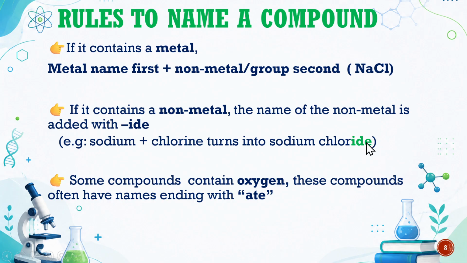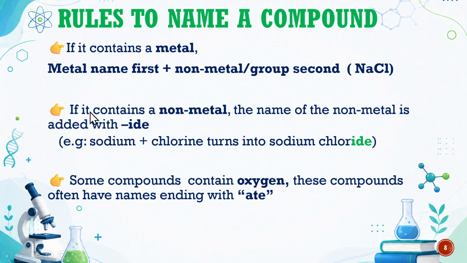That's why whenever sodium and chlorine are bonded together, we form sodium chloride, and the chemical name of sodium chloride is formed with the metal name first. Na is the chemical name for sodium, and Cl is the chemical name for chlorine. So now NaCl becomes the chemical name of the compound sodium chloride.